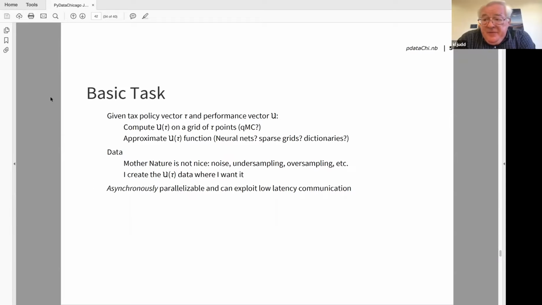Machine learning in economics is largely confined to empirical work. I have some colleagues at Stanford that do a lot of this. They basically are using machine learning, deep learning to analyze data. What they're doing is a fancy version of regression.